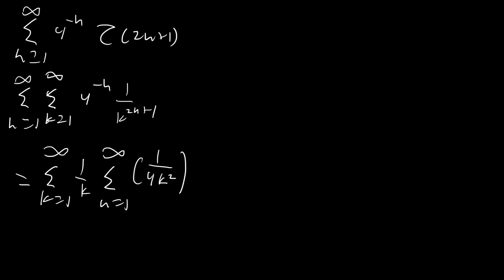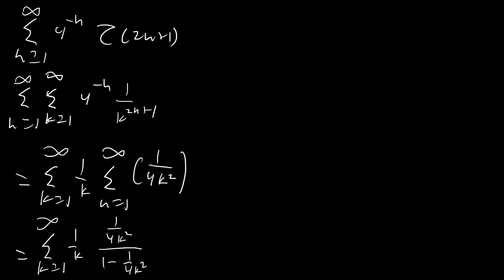The sum of a geometric series is super simple. It's just the first term over 1 minus the common ratio. So that's going to be pretty straightforward. We're just going to have a sum from k equals 1 to infinity, 1 over k times 1 over 4k squared over 1 minus 1 over 4k squared.